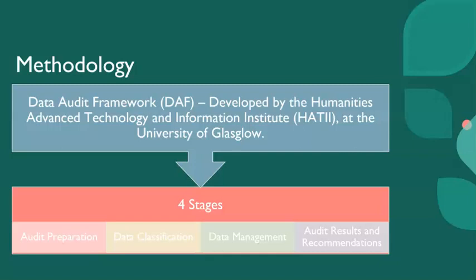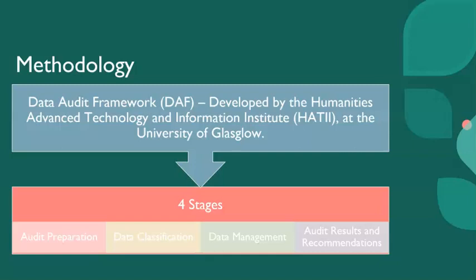Stage 2, Data Classification, works to identify which data assets exist, classify them, and then analyze where efforts for more in-depth analysis should be focused. Stage 3, Data Management, focuses on the information lifecycle to understand researchers' workflows and finding weaknesses in data creation and curation practices.